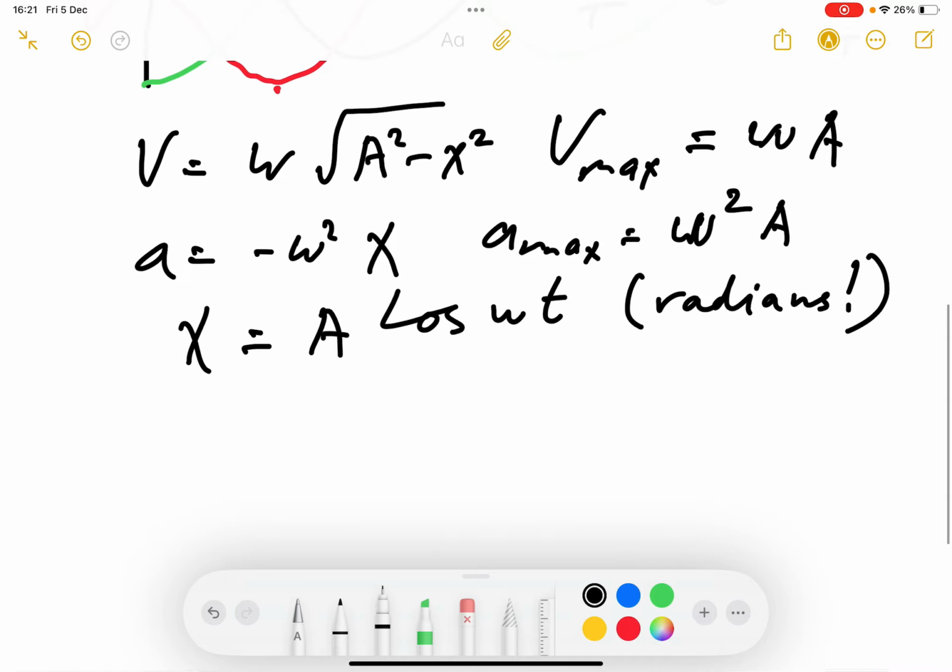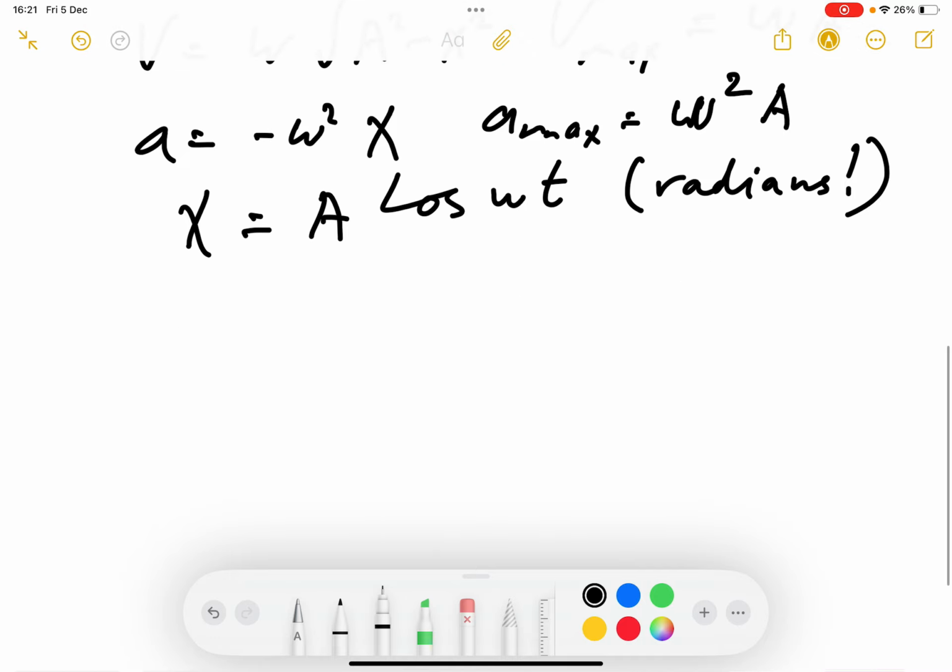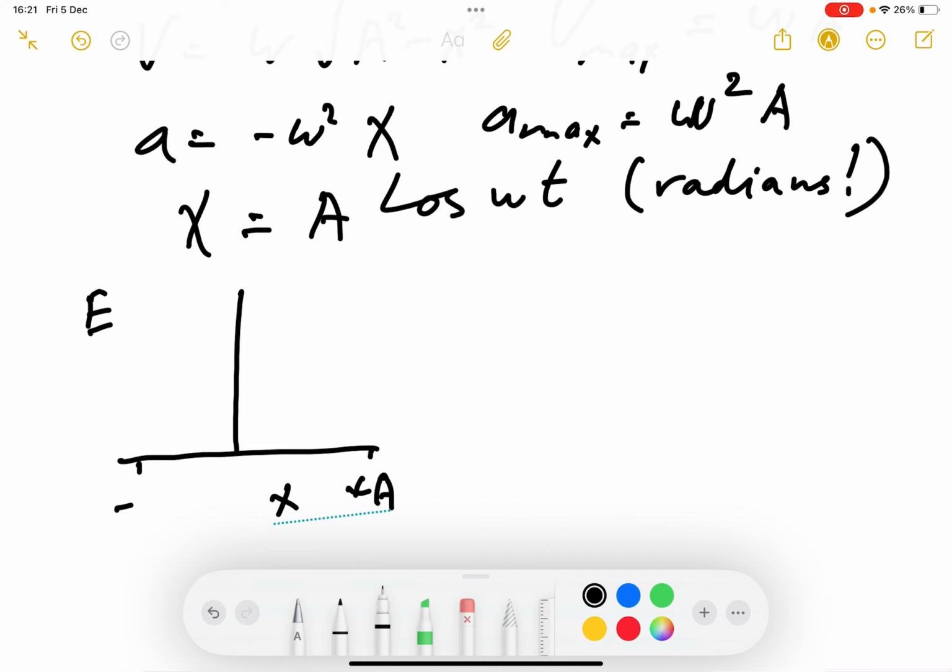We worry about the energy stored in oscillators, so we can plot a graph of energy against displacement. So we can put in plus A and minus A. So that there will be the kinetic energy, because the kinetic energy is a maximum in the centre where the displacement is 0.